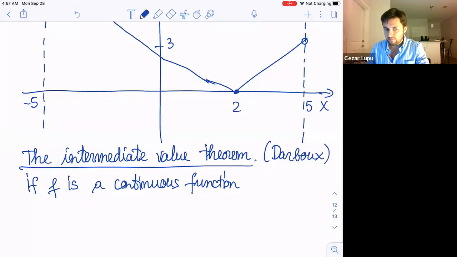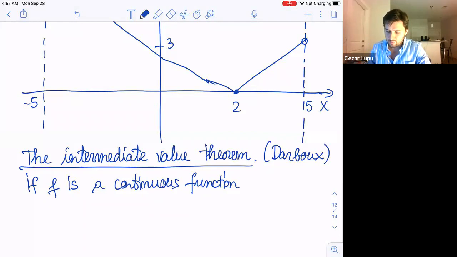He invented this notion of intermediate value property of a continuous function. It's something very, very close to continuity. In fact, continuity implies that a function has an intermediate value property, and you will see exactly what I mean by that. But anyway, let's just write it first.